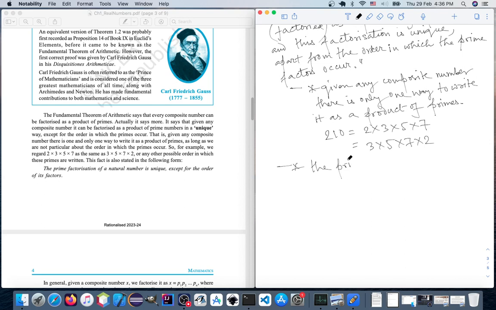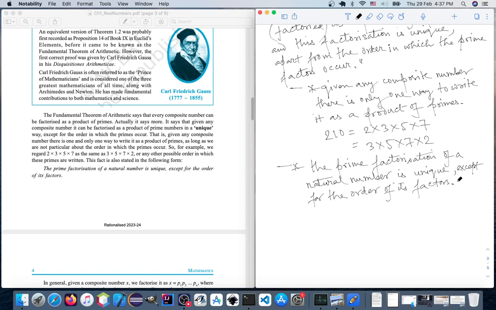The prime factorization of a natural number is unique except for the order of its factors.